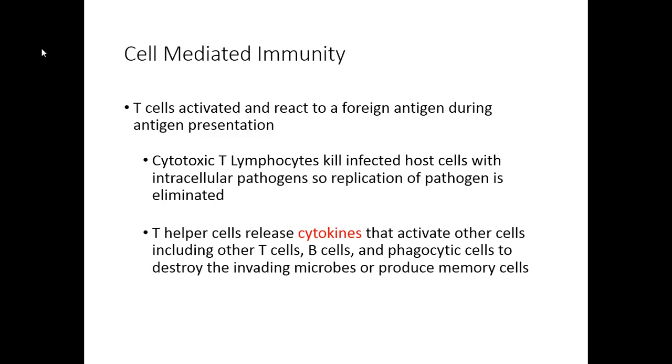So, for example, a T helper cell that releases cytokines that induces B cell production of antibody is designed to kill the microbe, right? Whereas a T helper cell that releases cytokines that causes inflammation is looking to activate phagocytic cells, again, to kill invading microbes in an innate immune capacity.